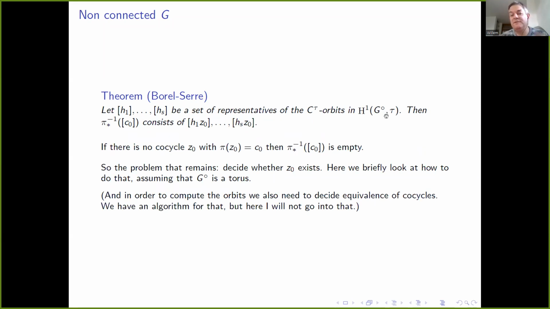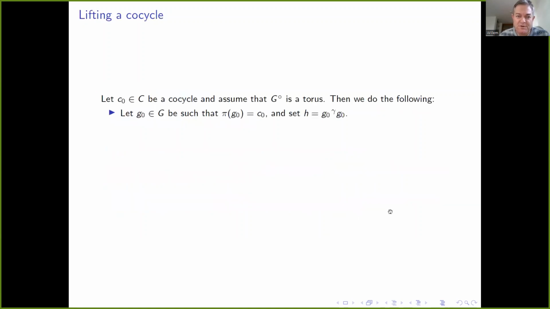This H1 consists of classes, but we work with representatives of the classes. If you get two different representatives, the question is, are they the same class? So we also need an algorithm to decide equivalence of cocycles. We have an algorithm for that too, but I will not go into it, because it is rather technical and would take too long. But anyway, there are quite a number of problems to be solved here. That's just what I wanted to say.